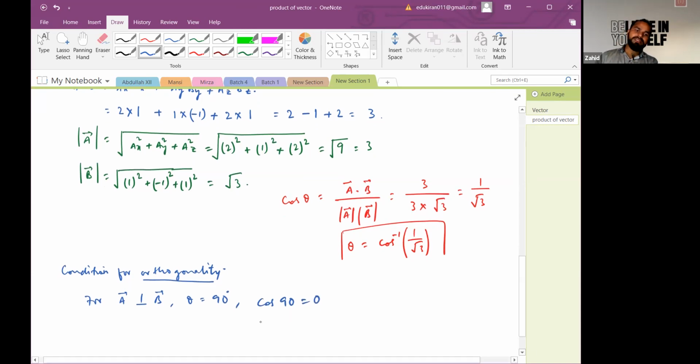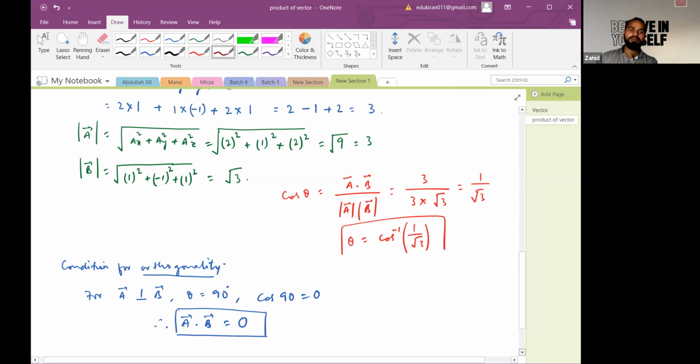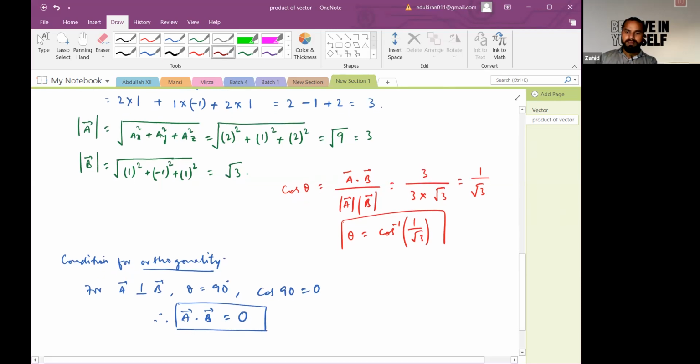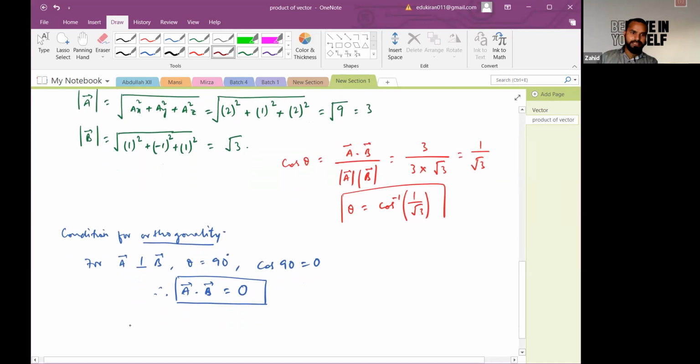So if you put this term in the above equation, you will get the dot product of two vectors to be 0. So whenever you have to find orthogonality of two vectors, just take the dot product of the two and put it to 0. I'm giving you one example related to this.